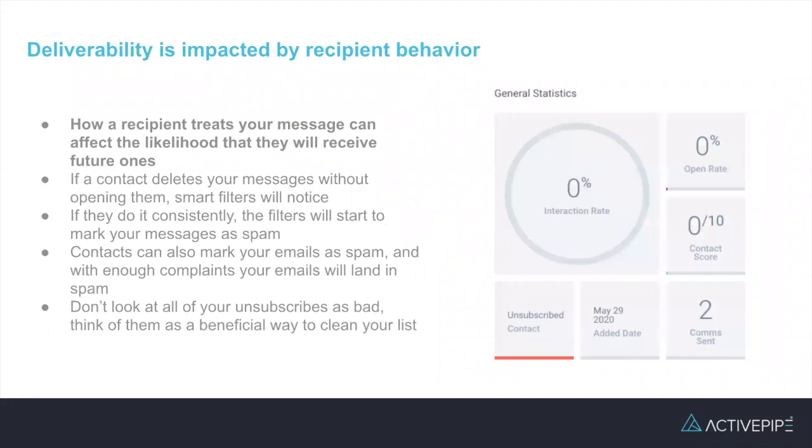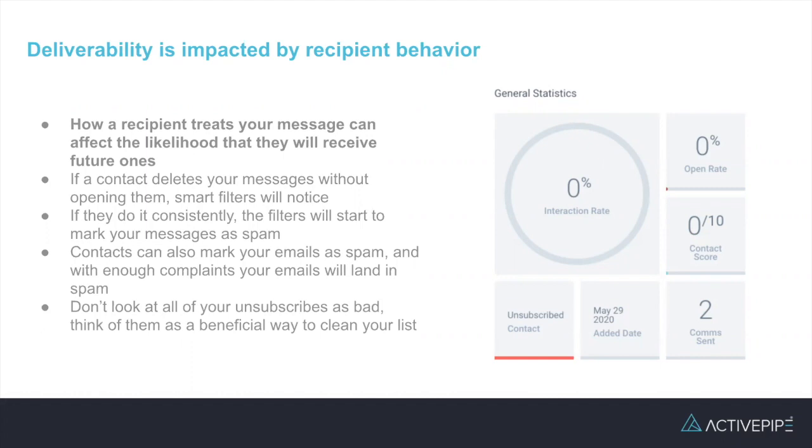Okay, the second major part of this is how your recipients are engaging with your email. With the first part, your sending domain, we have a little bit of control, and there are best practices to maintain that sending reputation. With your recipients' behavior, we have a little less control, but it's still important to acknowledge since it impacts your overall deliverability.